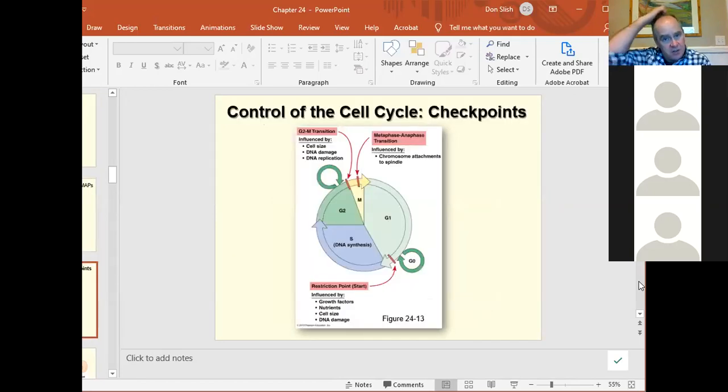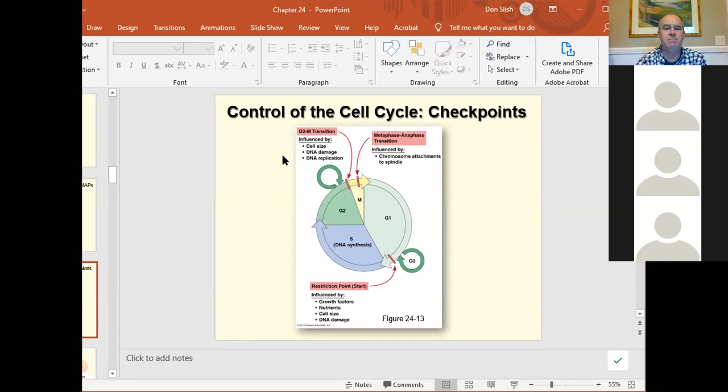Control of the cell cycle, checkpoints. Let me bring my notes up so I can remember how I talk about this. Okay, so here are your different phases. You've got 3 different checkpoints. Now this checkpoint here from G1 into S, and this one over here from G2 into M, those 2 checkpoints are controlled by similar mechanisms.